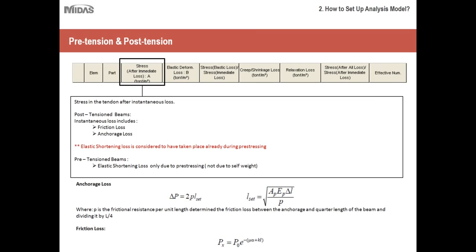So to start with, we have to consider the stresses after immediate losses. By after immediate losses, we mean the instantaneous losses that occur. Depending upon the type of tensioning you are applying, whether it is pre-tension or post-tension, there will be different types of losses.